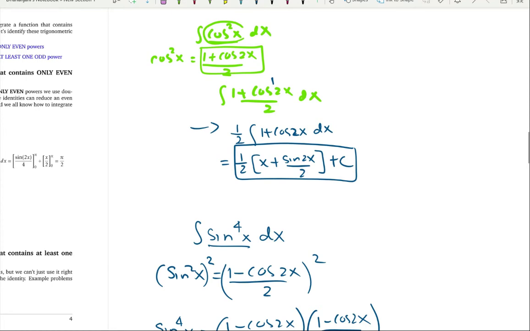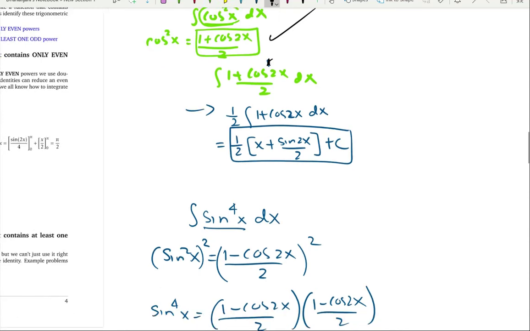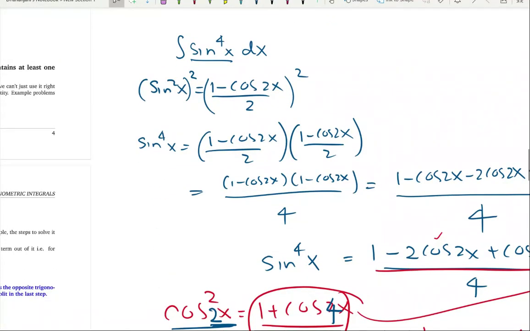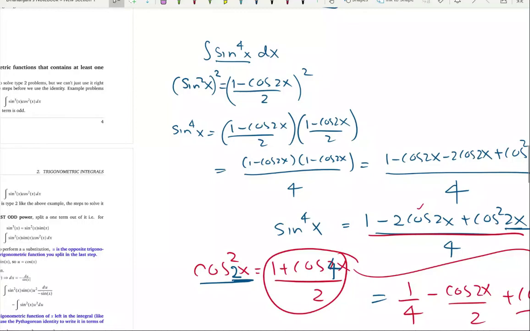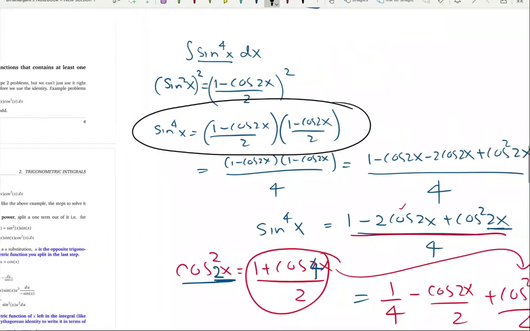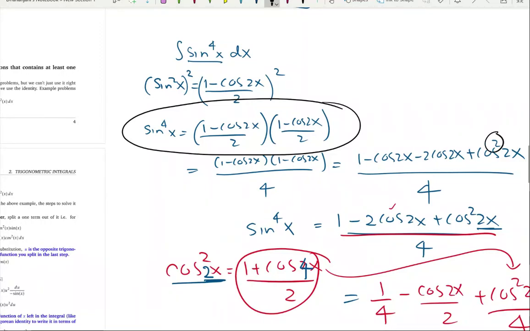Here in the first example, we got cosine to the power 1 in one shot using double angle identities just once. But here we had to use double angle identities twice, because when we use double angle identity for the first time, we end up with cosine square 2x. We had to use double angle identity again, because our purpose is to get cosine to the power 1.